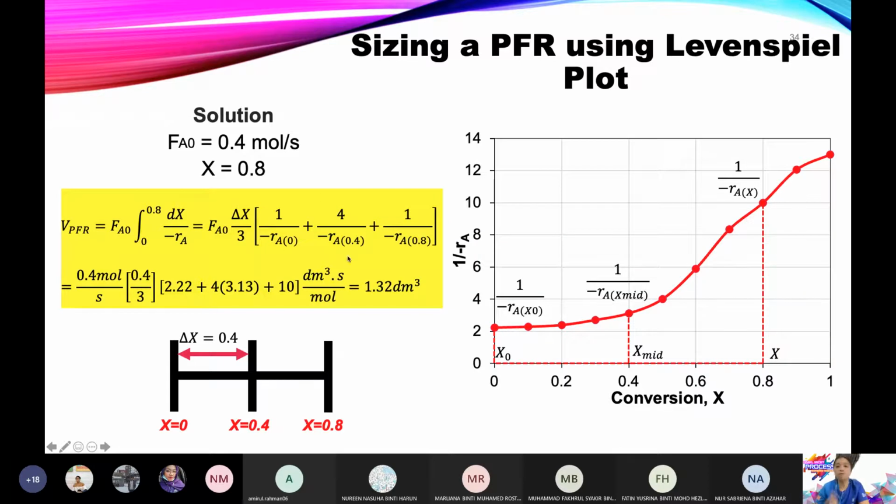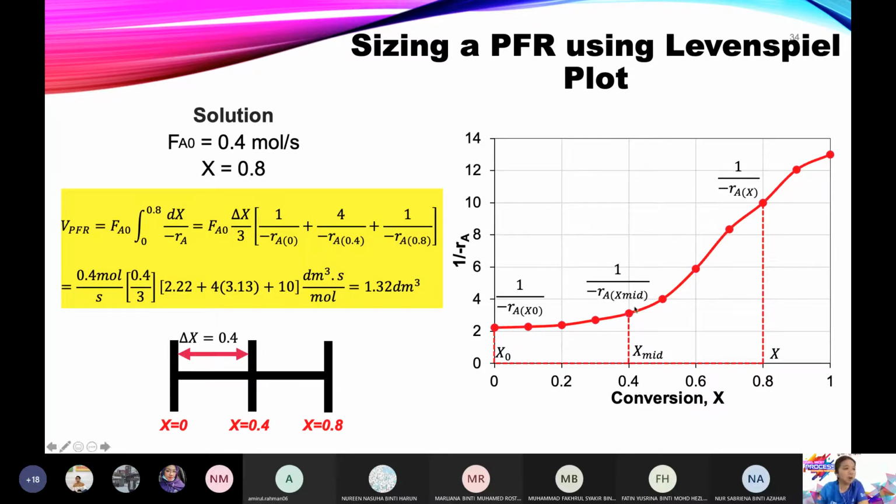Next, 4 per minus RA when my X is 0.4. Maksudnya if in the plot at 0.4, my 1 per minus RA, this point is actually 3.13. Okay, so of course at this moment kita macam nak nampak. Kalau dalam test atau exam, I will give you the number untuk setiap point tu supaya kamu tak confused.